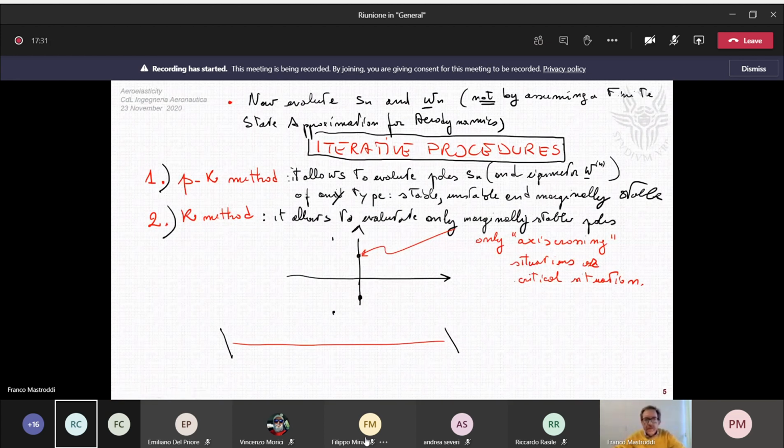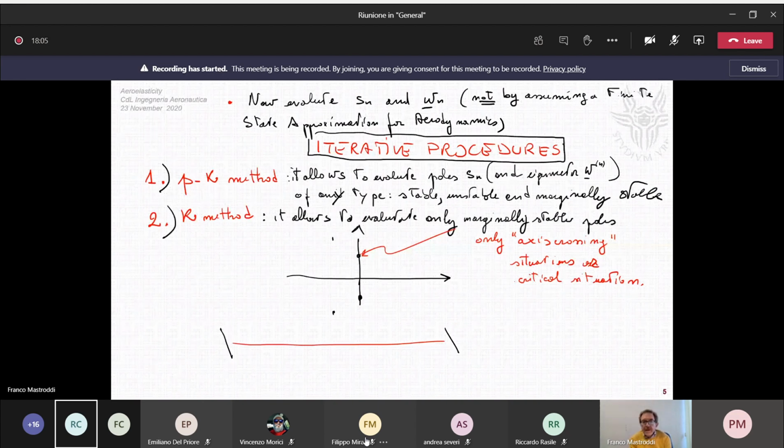presenting the PK method, which allows to evaluate poles and also eigenvectors, but the key point is the determination of poles, because the eigenvector evaluation is just a standard resolution of a homogeneous algebraic system. So the main difficulty is on evaluating the poles of the system.